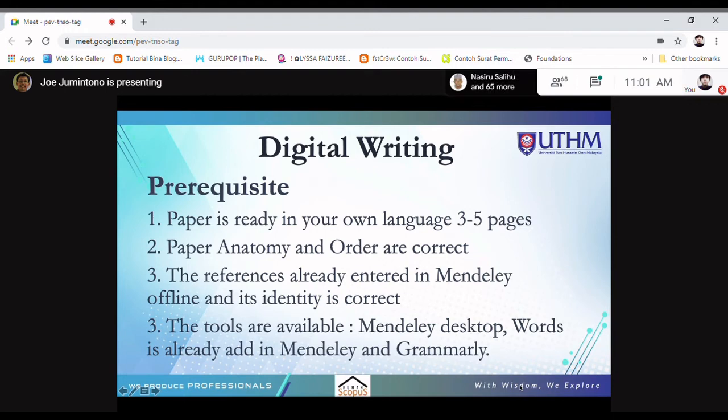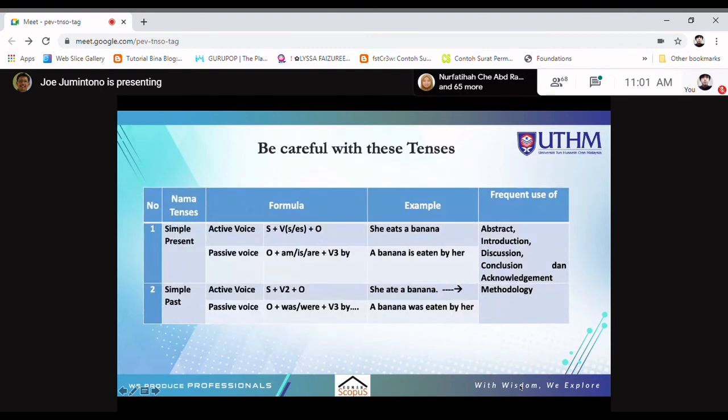Okay, translate here, because I am not a native English speaker, so I use digital tools that I am familiar with: Microsoft Word, Review, Translate, and Grammarly. Grammarly is very useful for us. Use Grammarly Premium, not free Grammarly. Premium is very good. Okay, I want to show you later. Okay, digital writing.